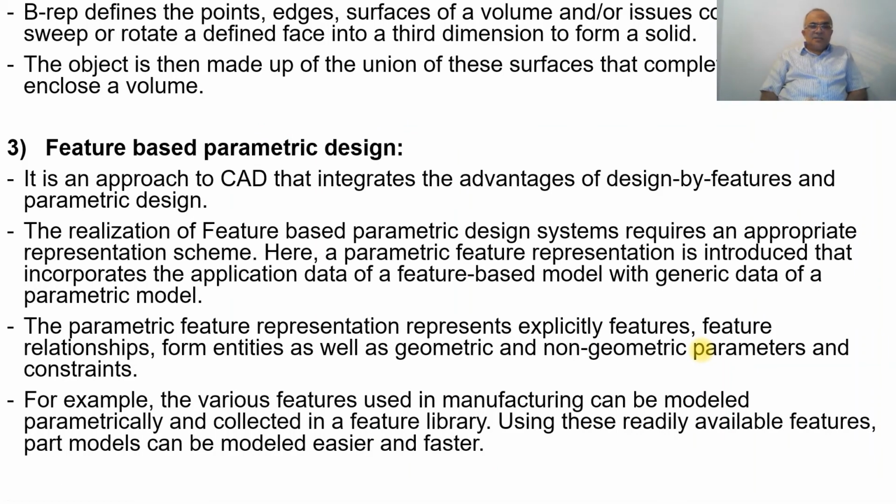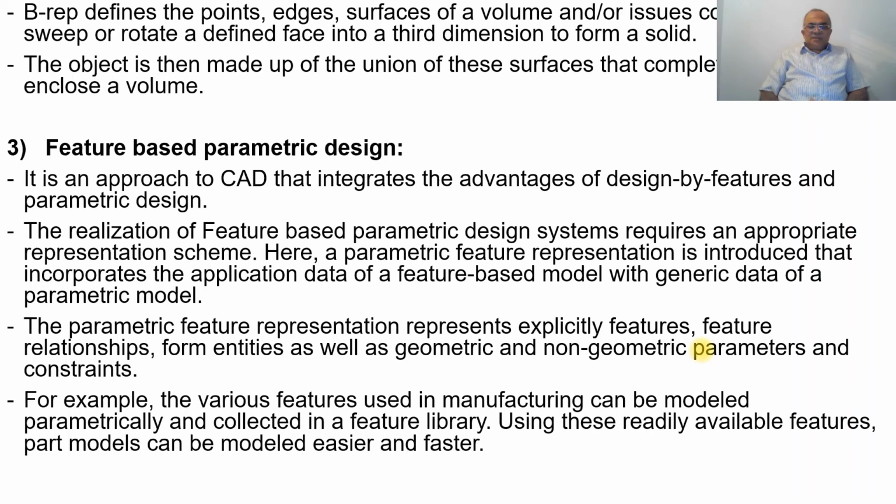Similarly, feature-based parametric design is an approach to CAD that integrates the advantages of design by feature and parametric design. As the name itself indicates, it includes both feature-based and parametric design. The realization of a feature-based parametric design system requires an appropriate representation scheme. Here, a parametric feature representation is introduced that incorporates the application data of a feature-based model with generic data of a parametric model.